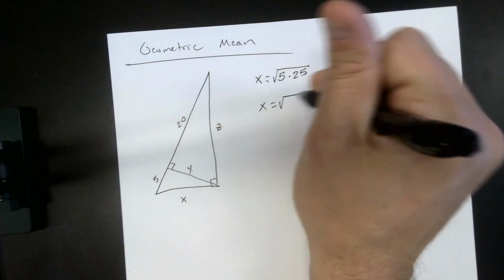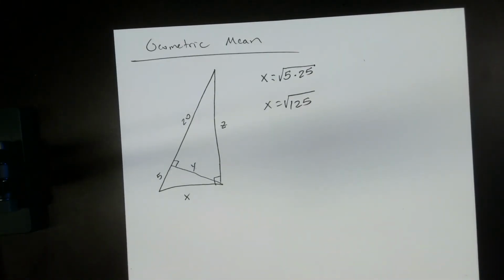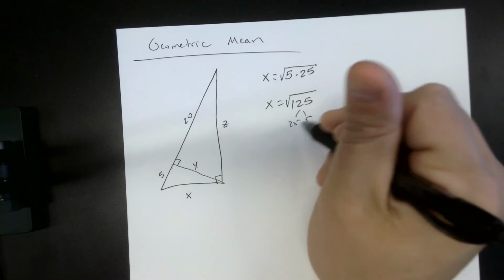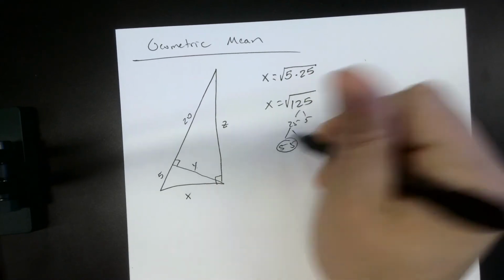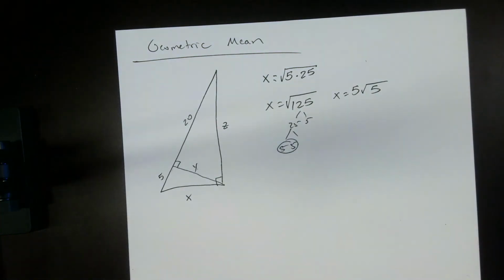So X equals the square root of 125. Do we plug that into our calculator? No, we factor it down and simplify it. So 25 and 5, 5 and 5. So X equals 5 square root of 5, and that would be the measure of X.